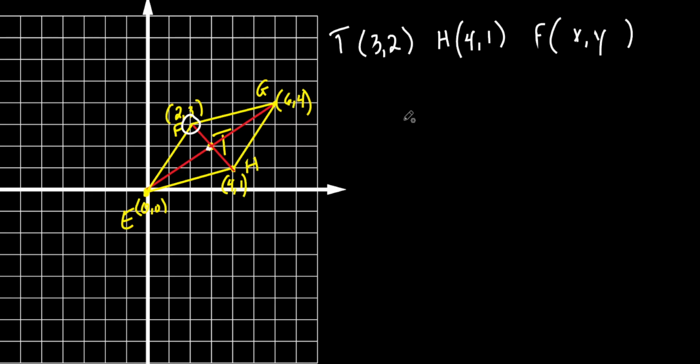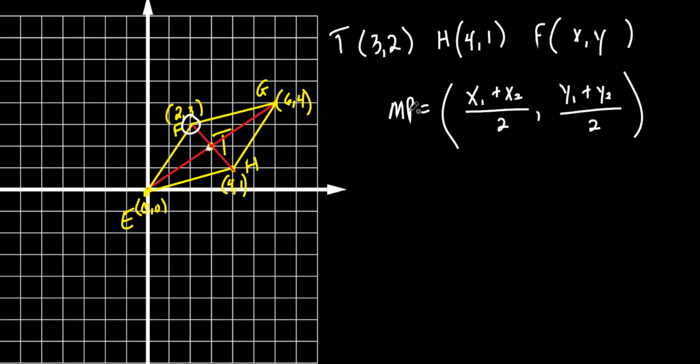So check this out. Remember what the midpoint formula is? Midpoint is this. It's x1 plus x2, over 2, and this is y1 plus y2, over 2.